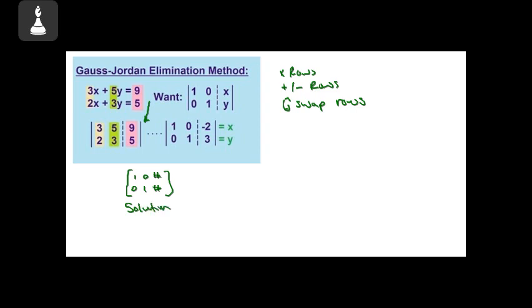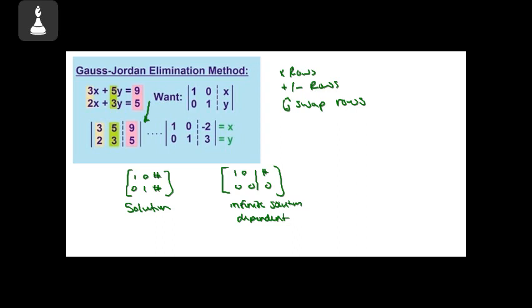If we get 1, 0, number, and then in the bottom row, we get all zeros, this is an infinite solution or a dependent system that we've seen previously. And that's the one where we're going to have to write x in terms of y or y in terms of x.